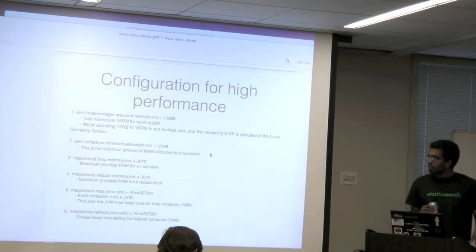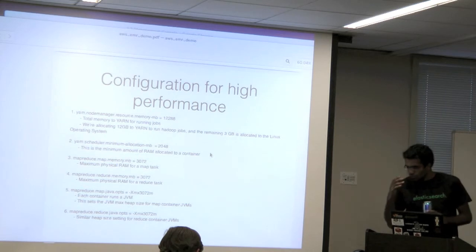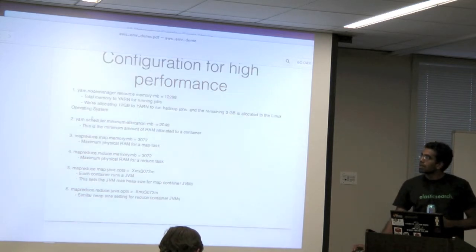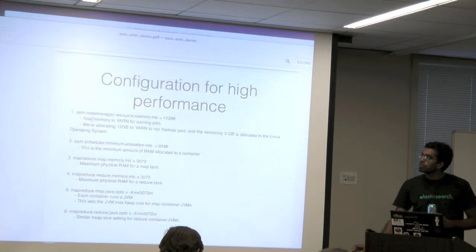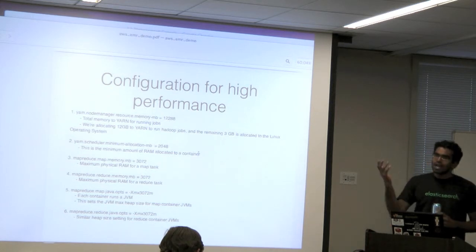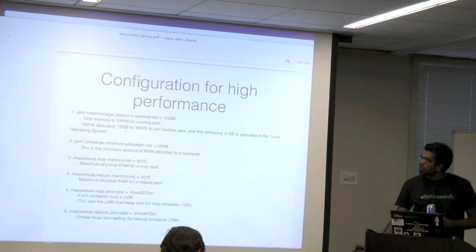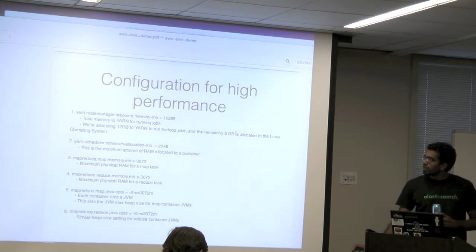These are some of the parameters we had to tweak or tune in our Bootstrap actions, and we supply them in a certain syntax which is specified in the AWS documentation. Basically you want to set your resource manager memory to a pretty large value, almost the entire RAM, leaving about 3 gigs aside for the Linux operating system.